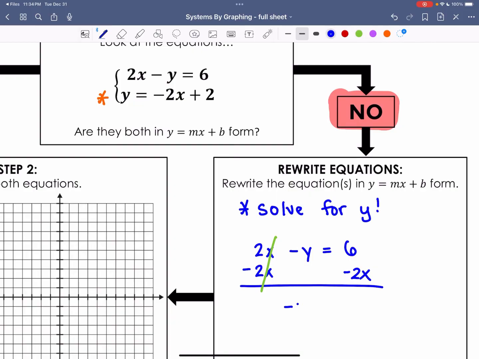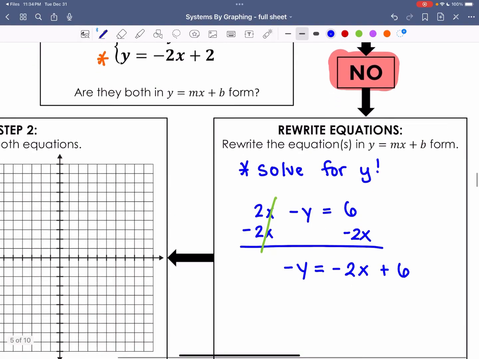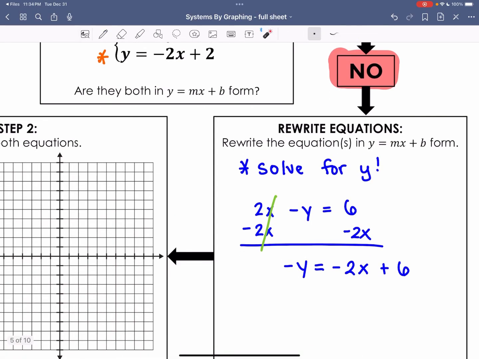This leaves us with negative y equals the negative 2x we just subtracted plus the 6 that was already there. And then be cautious of thinking you are done. There is no negative y equals mx plus b option. You need to get rid of this negative, and it's really helpful to remember that this means negative 1, which is being multiplied by the y.